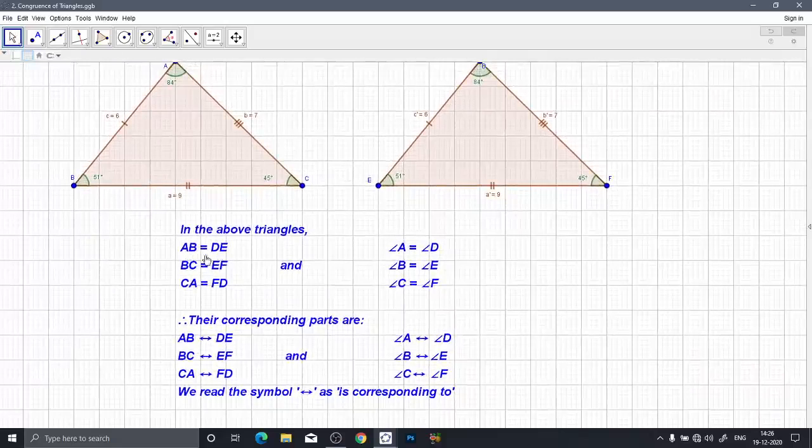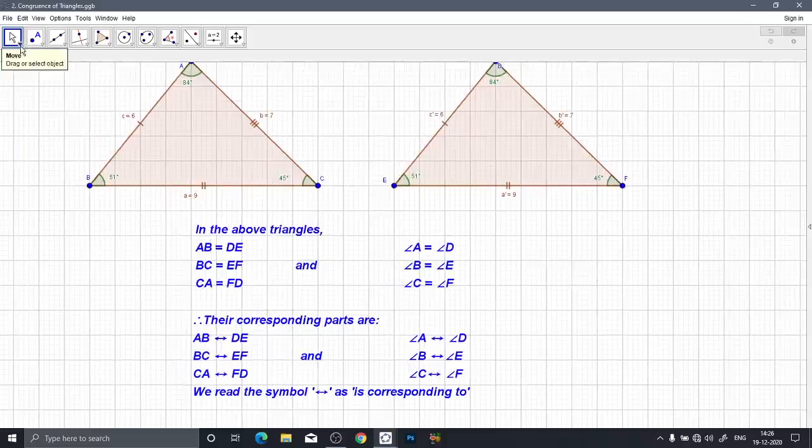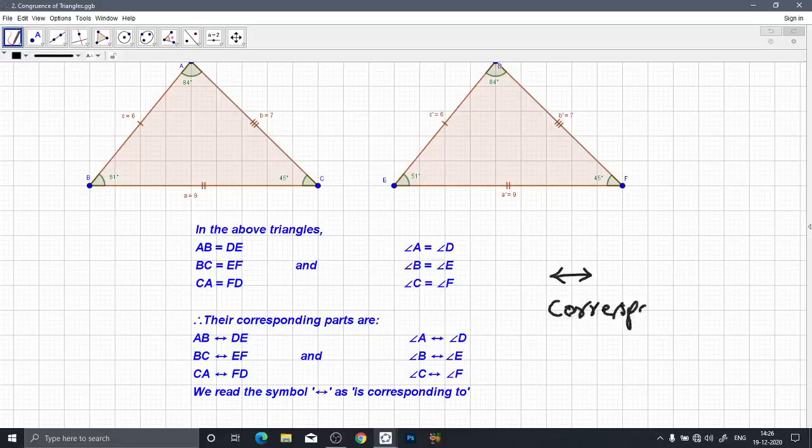So if AB is equal to DE, we can write it as AB is corresponding to DE. The symbol which is having arrows on both sides, we have to read it as corresponding to. Okay. So since AB is equal to DE, AB is corresponding to DE side. Since BC is equal to EF, BC is corresponding to EF.